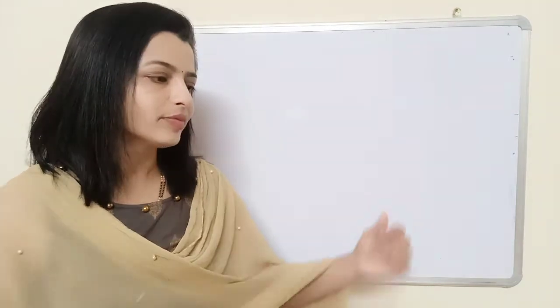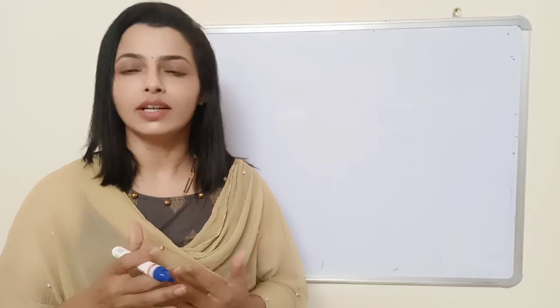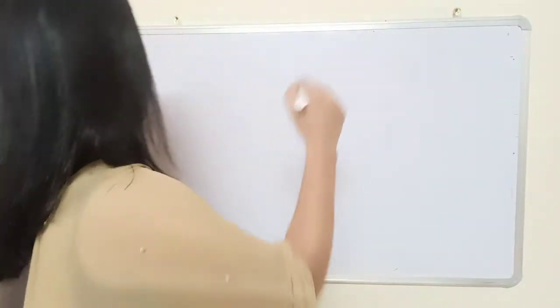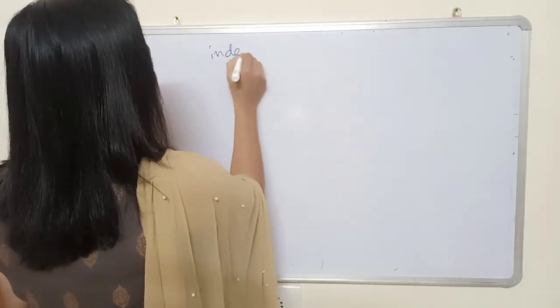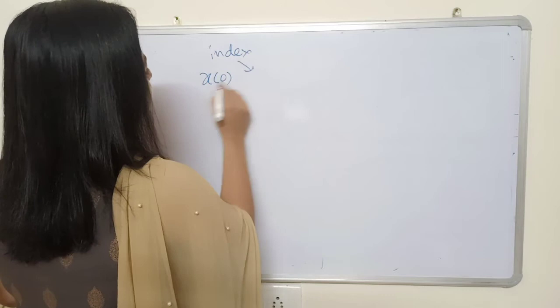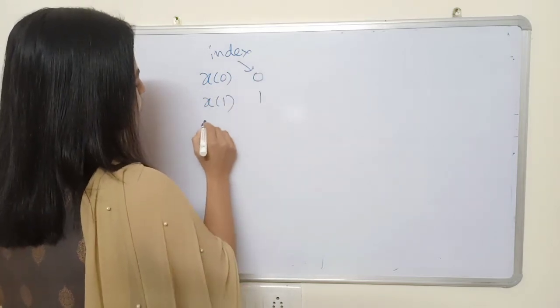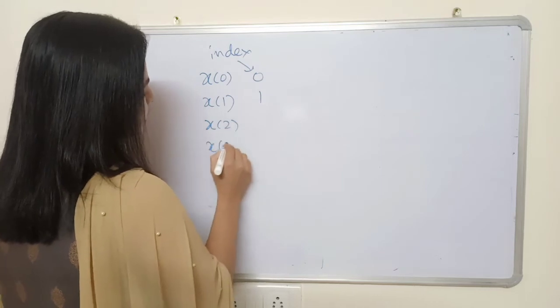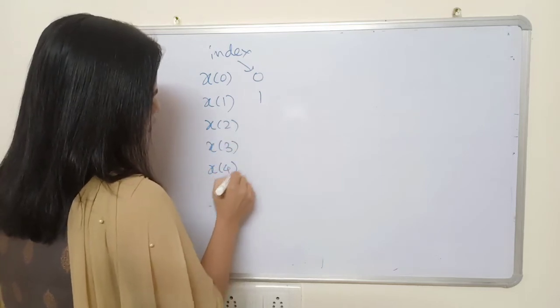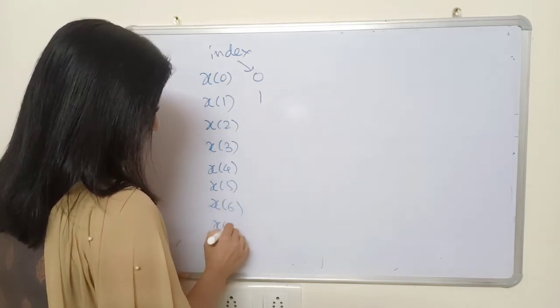Now at the input, you have seen the sequence was scrambled. So how do we get that scrambled sequence? We'll write the index: for x of 0 it was 0, x of 1 it is 1, so we'll write x of 2, x of 3, x of 4, x of 5, x of 6 and x of 7.